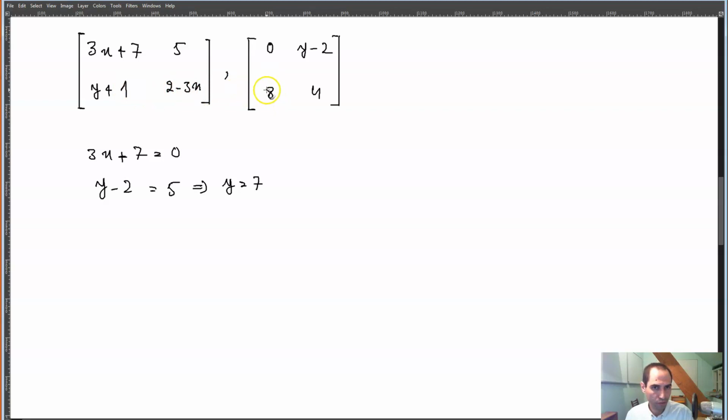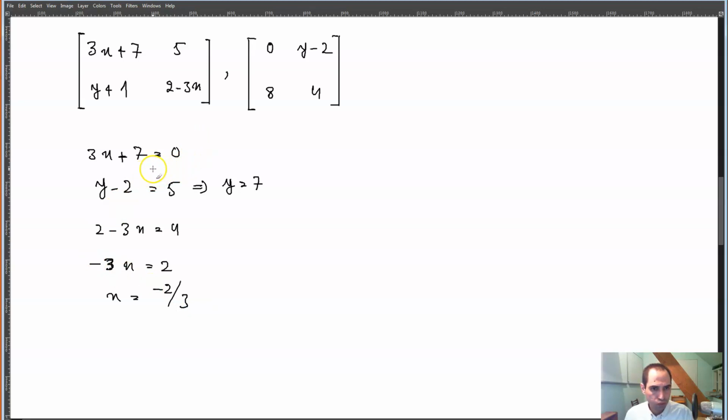That gives you again y is equal to 7, and 2 minus 3x is equal to 4 gives you negative 3x is equal to 2, which means that x is equal to negative 2/3, right?